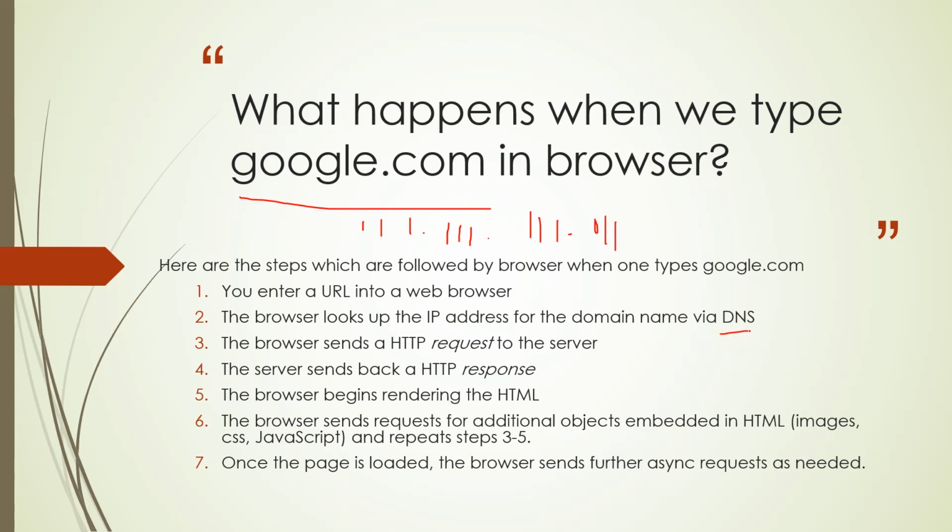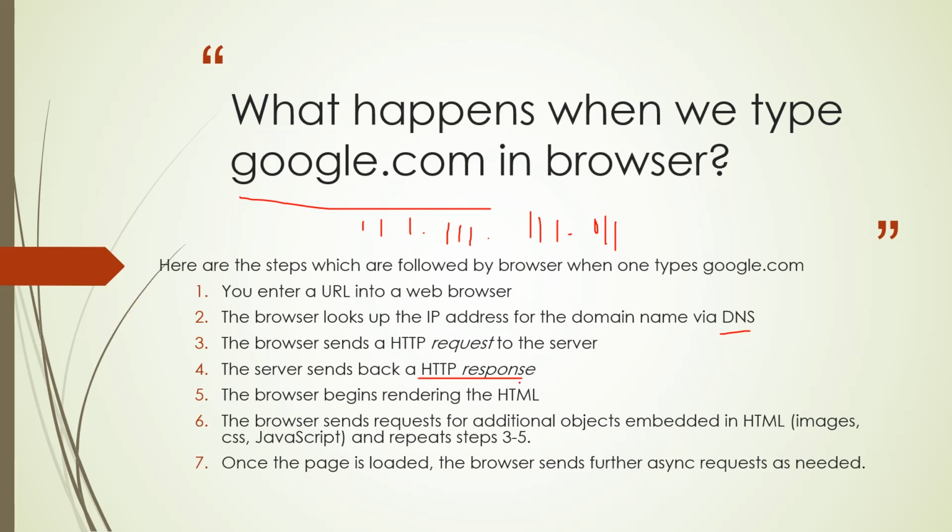Now, with the help of the browser, your machine will send an HTTP request. It will send a message request in the form of an HTTP request to the server. After that, the server will send an HTTP response.